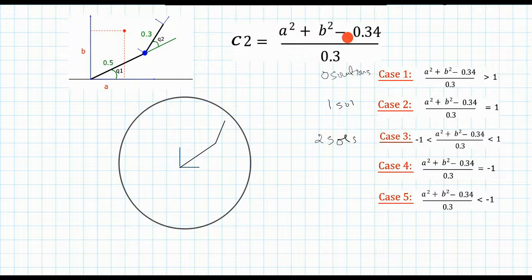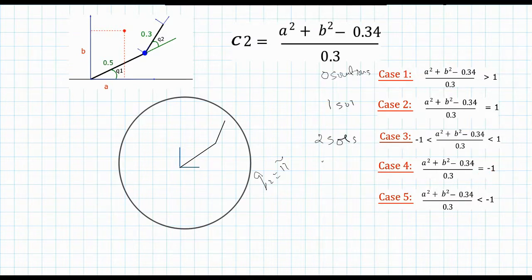Okay, case 4. When this thing is equal to -1, this is case 4, then what we are going to have is Q2 equals 180 degrees or pi. Only, because if Q2 equals pi, only then this expression would become -1, right?